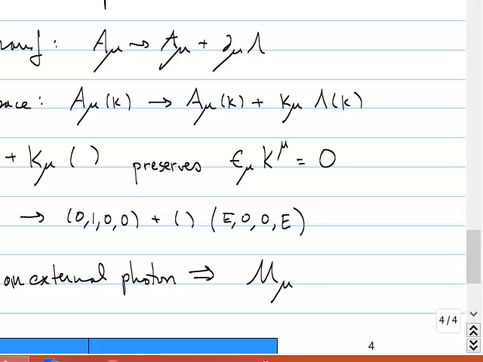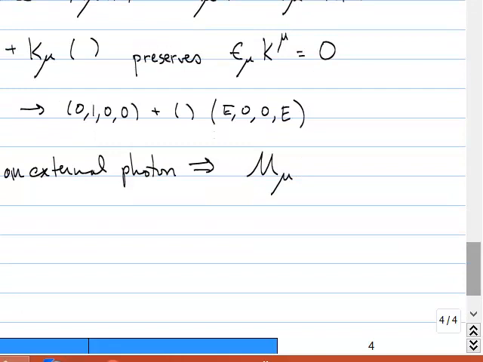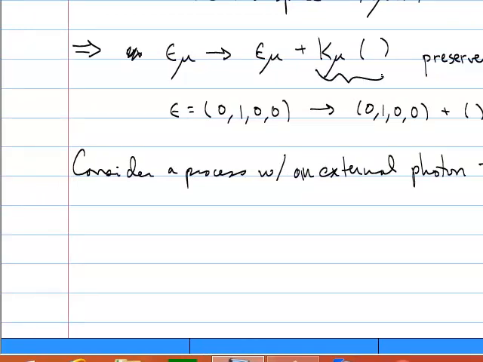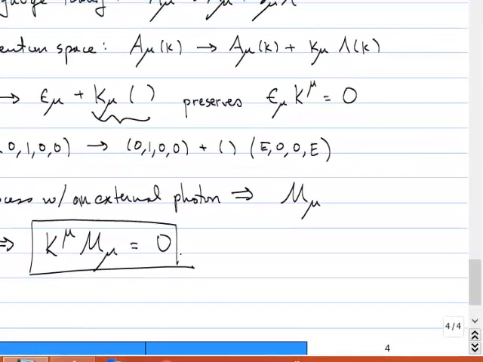So there could be other indices as well that describe the other external photons. But let's just focus on one of those indices for now. Then we know that because our theory should be gauge invariant, the answer should be independent of this shift of epsilon by something proportional to k. And this will only be true if k contracted with your amplitude is equal to 0. And this is true for all external photons.